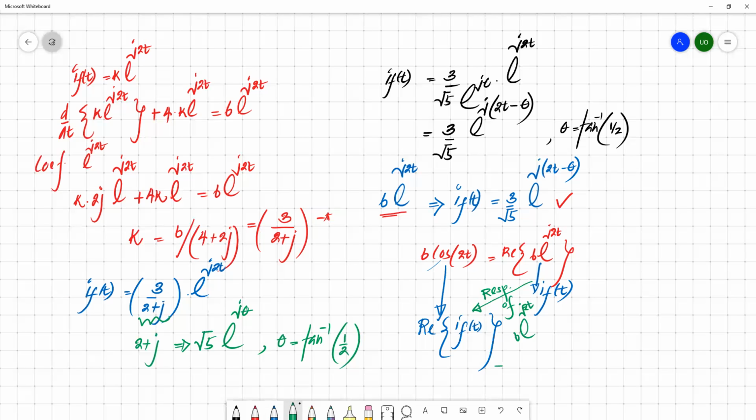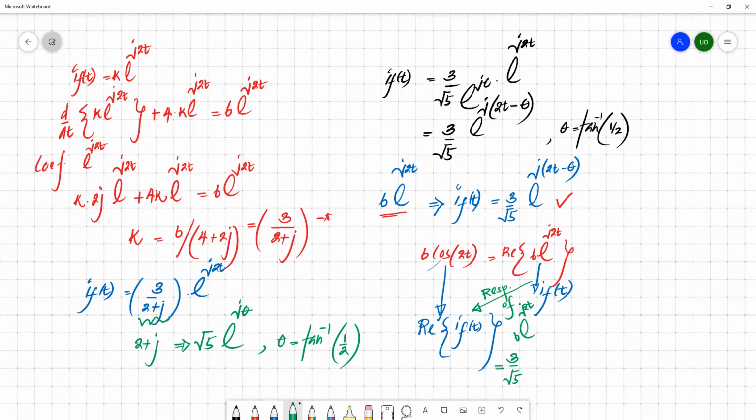It equals 3 over root 5 times an exponential function. By applying Euler's formula, you can convert it to Cartesian form.